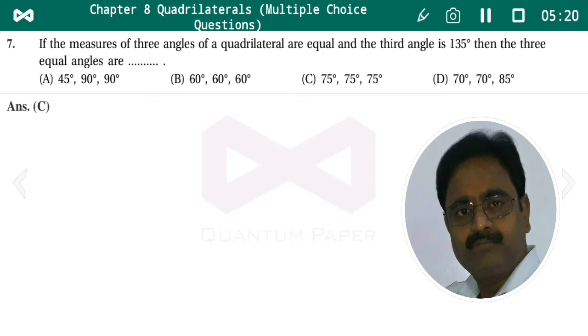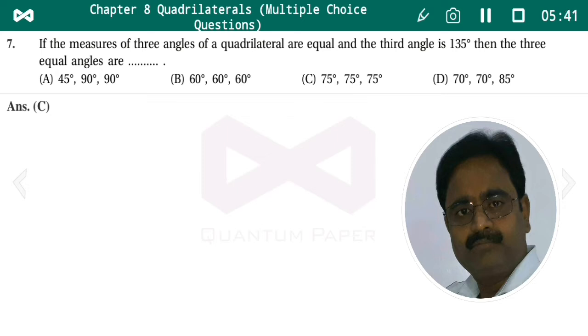Okay friends, so the measures of all three angles are equal. In this there are two options, option B and option C. They both have equal angles, but we have to check that the sum of all four angles of a quadrilateral is equal to 360. The sum of all four angles should be 360.